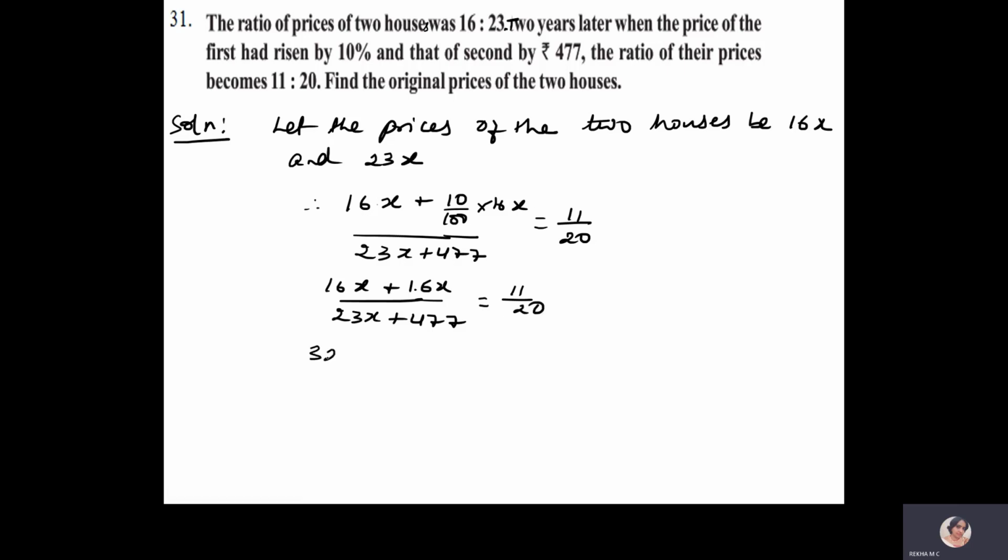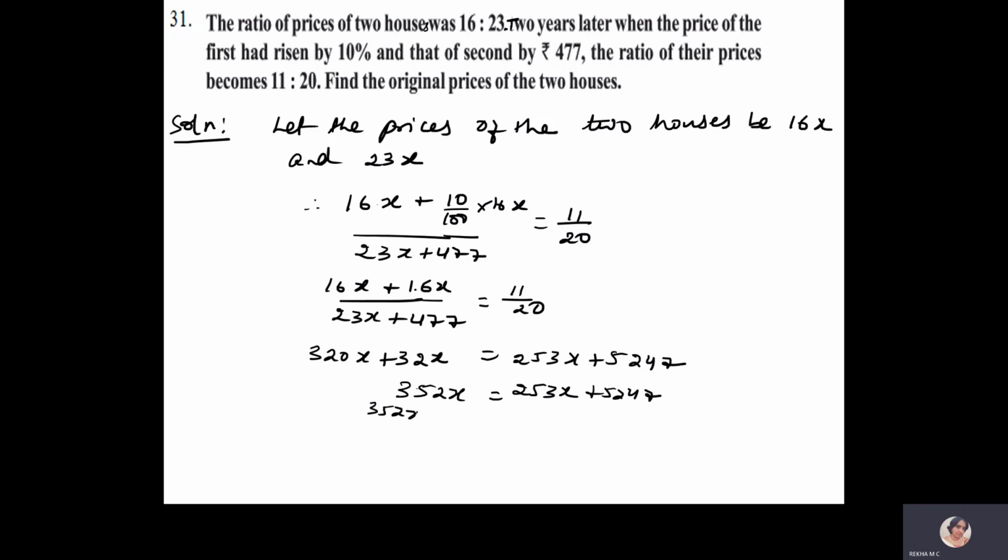Cross multiply: 320x plus 32x is equal to 253x plus 11 into 477, 5247. So then 320x plus 32x, so 352x is equal to 253x plus 5247.